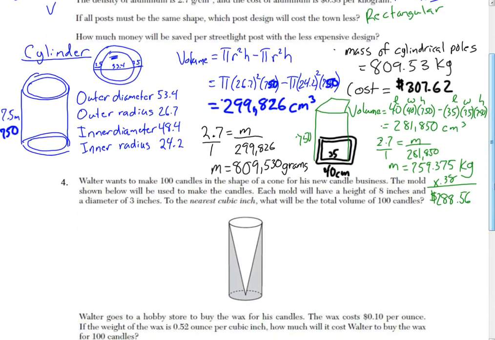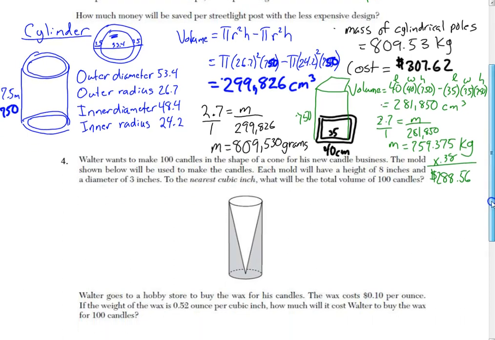So we have a challenging volume question because we have hollow cores. We have some conversions that we have to do. We have to apply density equals mass over volume. We find the mass so we can determine the price, and then we compare the price. So a lot of stuff happening in that one.